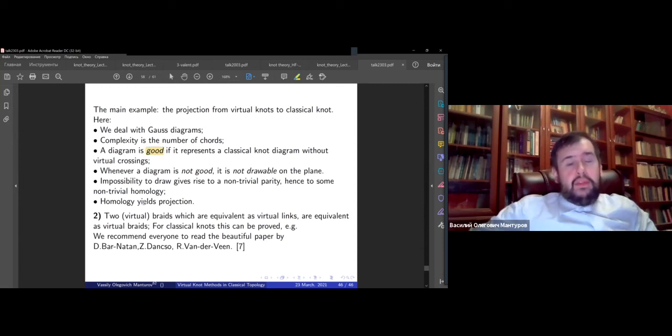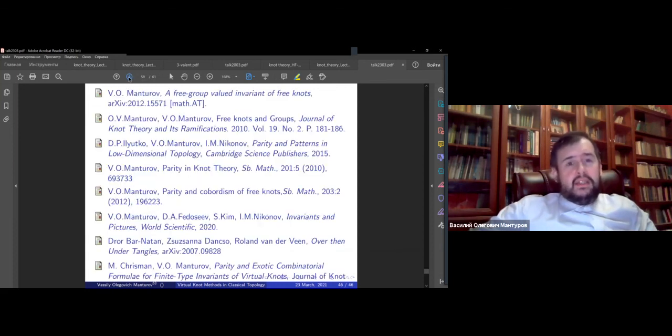Actually, whenever something is not good, classical knots are good because we can draw them on the plane. And if something is not good, possibly it's not drawable. Actually, we can have some instances because some cycles do intersect in the Z2 homology of something. And actually, homology yields some badness and some projections. This is more or less the same.